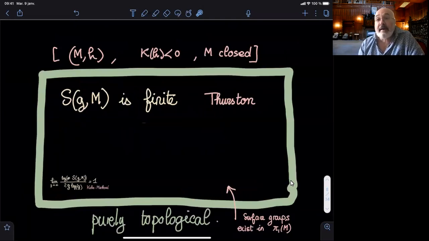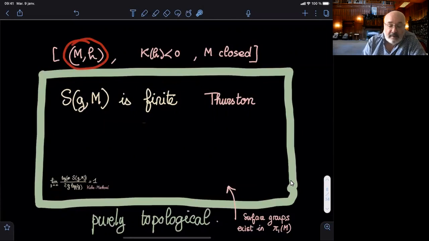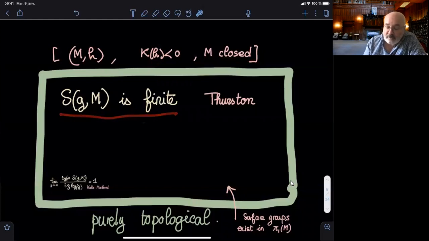So let's explain some of the results here. Assume that you have a closed manifold M and the curvature is strictly negative. The first result is a result of Thurston, which says that this set is finite.